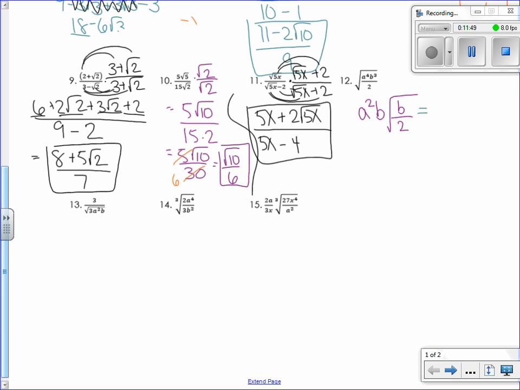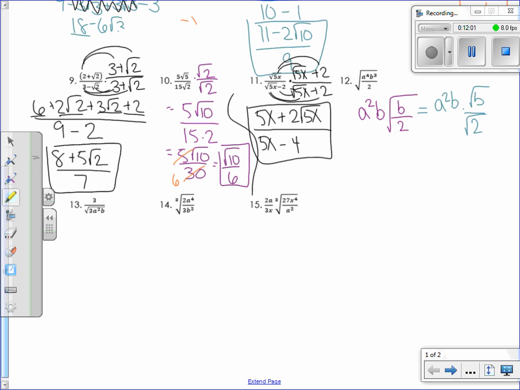So this is equal to a squared b, and then I'm going to break this up into the square root of b over the square root of 2. So I just divided it up into 2 different square roots. And now this should hopefully be a little clearer of how to rationalize this. Now we just need to multiply by the square root of 2 over the square root of 2.